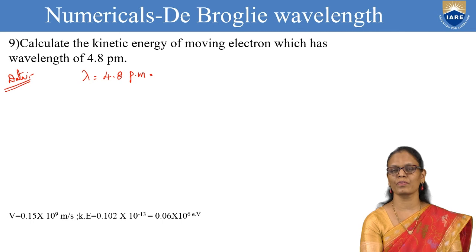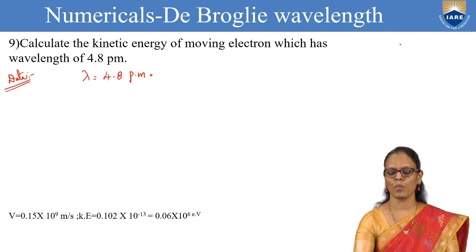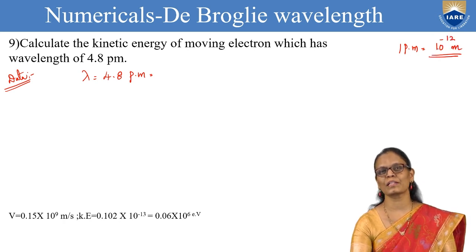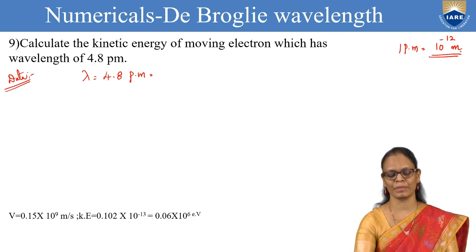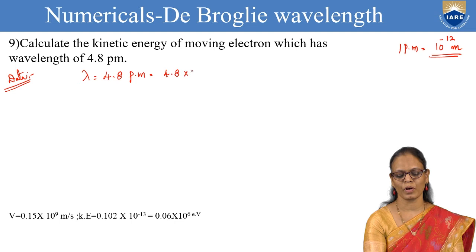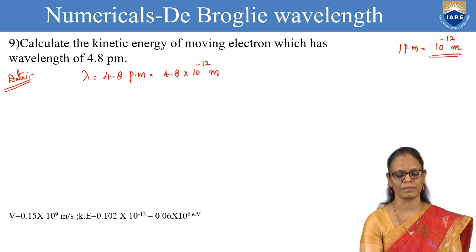So here again you need to know the conversion. 1 picometer is equal to 10 power minus 12 meters. So I will convert it and keep it, 4.8 into 10 power minus 12. We are writing it in the SI system.